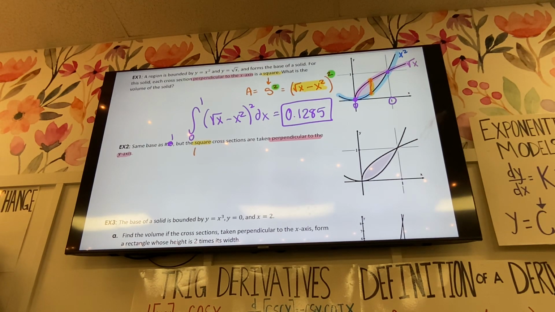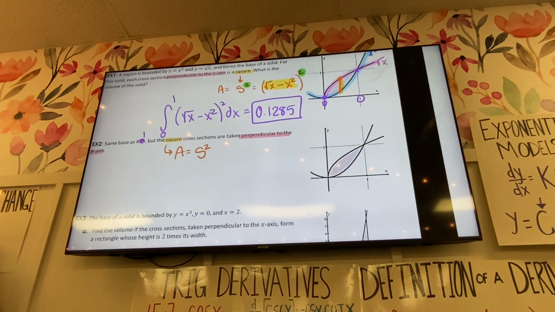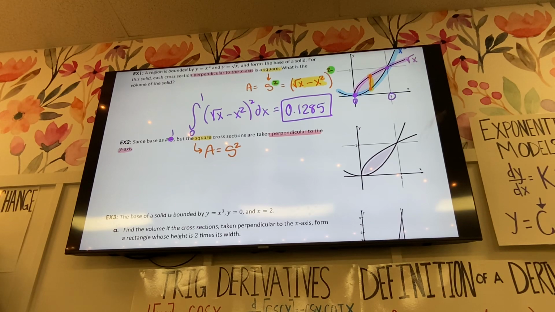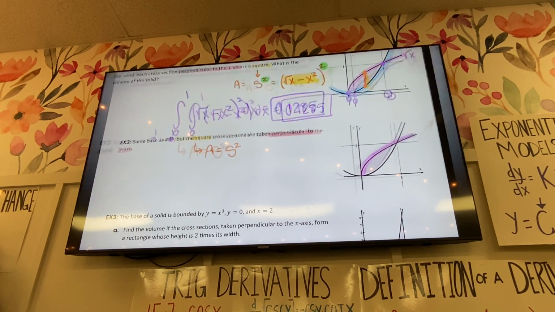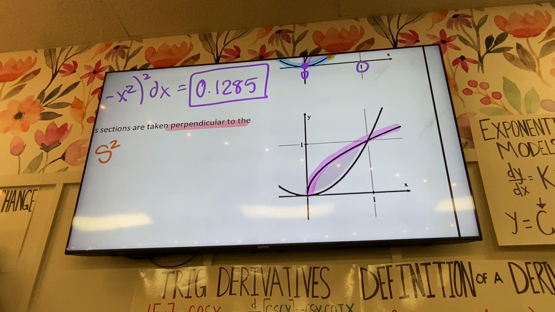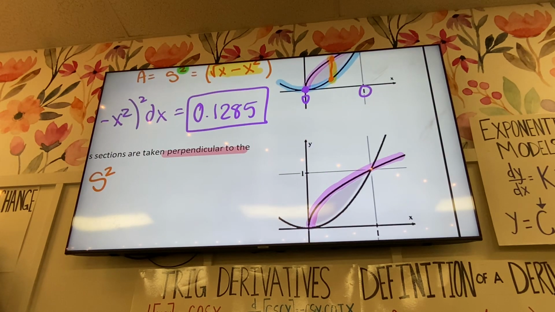So my area is still going to be s squared. When I'm looking at my functions, the pink function right here, which originally was y equals the square root of x, is going to turn into x equals y squared.